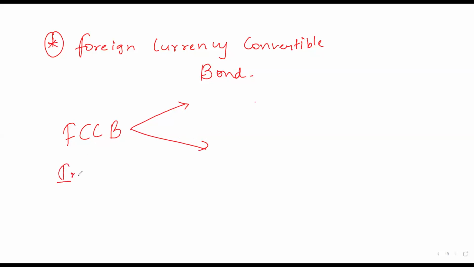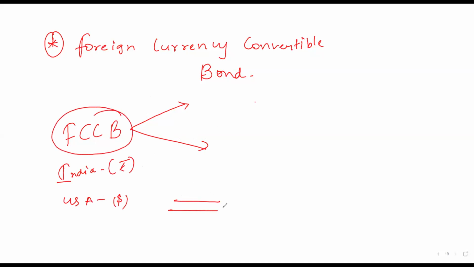India is my domestic currency, so rupees is the local currency for India. Let's say I have the option to get the coupon in dollars as well. In a foreign currency convertible bond, I am paying you rupees, and in future I am expected to receive the coupon or face value.